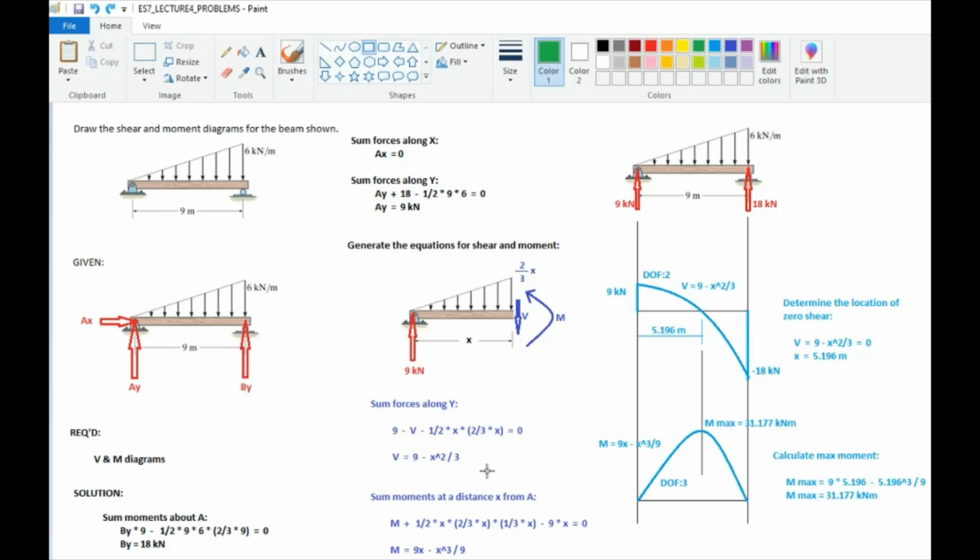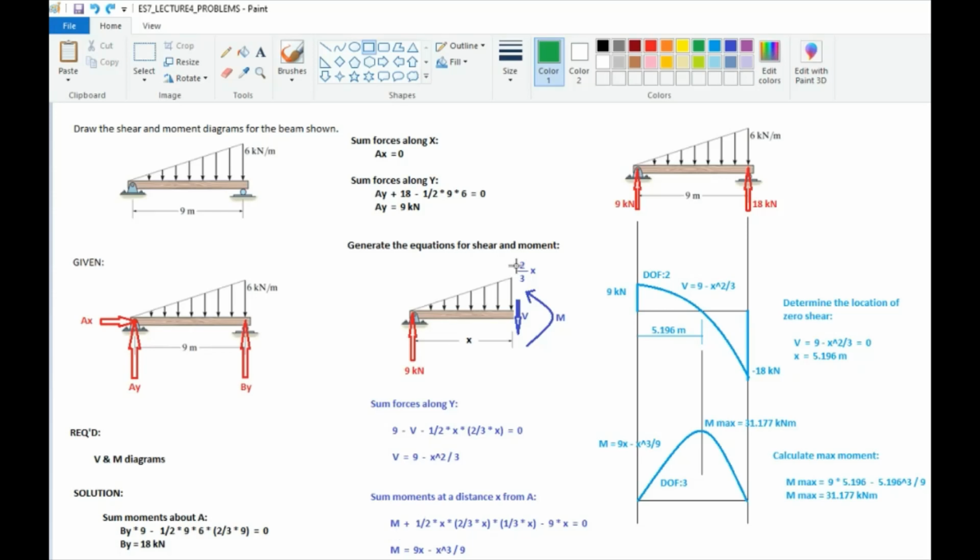Next, let us sum moments at a distance x from A. Here we sum moments so that we can eliminate v. So, we have m. m is counterclockwise, so that's positive.